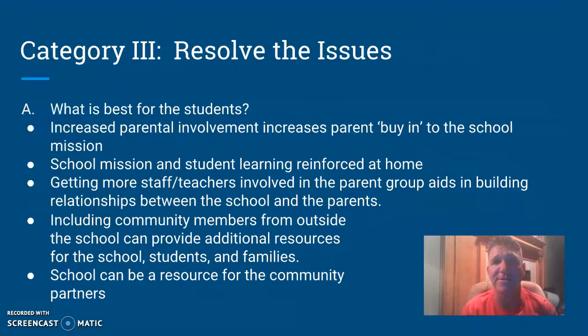By getting more teachers and staff involved, this rebuilds and strengthens the relationship between students, families, and the school. Also, if we get community members from outside involved in this newly formed group, they can provide additional resources for the school, the students, and the families. And this can also provide the school as a resource for the community.